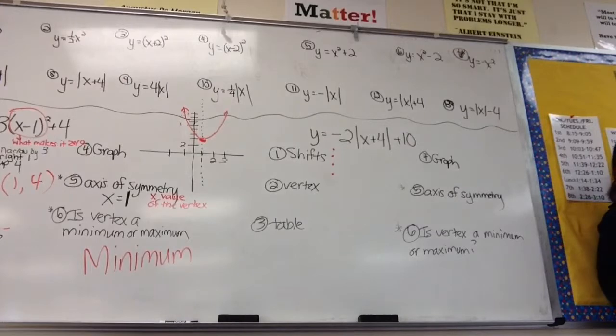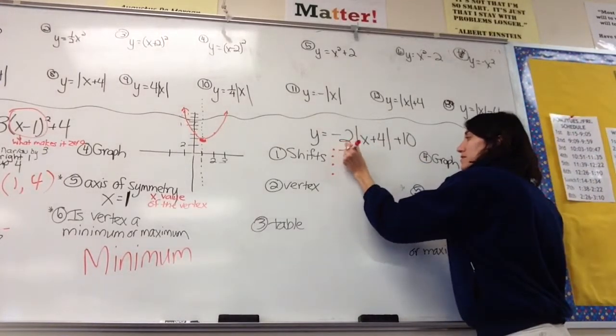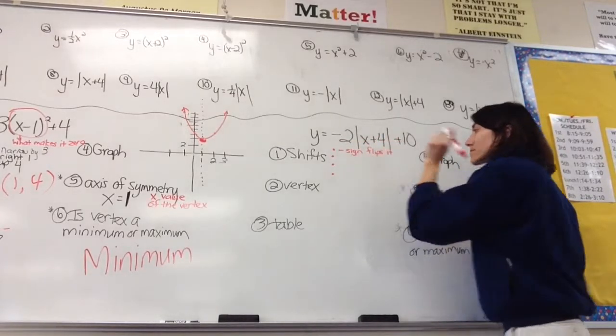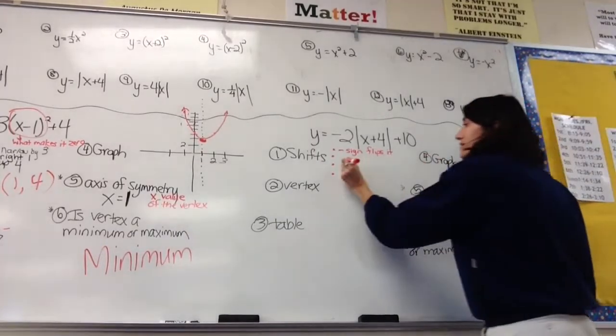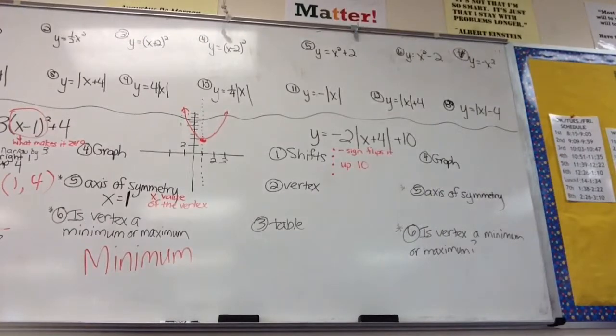Okay, how do you know it's flipped? So the negative sign flips it. Jack, give me another one. Up 10. Okay, up 10. Jacob?